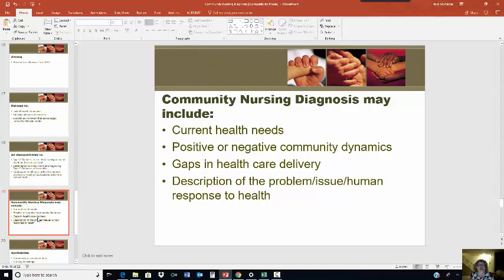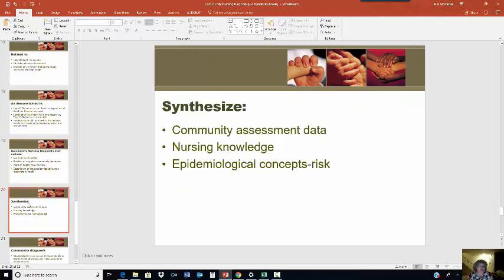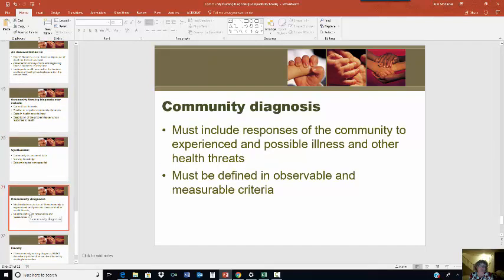Description of the problem or the issue or the human response to health. You're going to synthesize your community assessment data, your nursing knowledge, and your epidemiological concept of risk. So what are we at risk for? So the community diagnosis has to include the responses of the community to experienced and possible illnesses and other health threats.